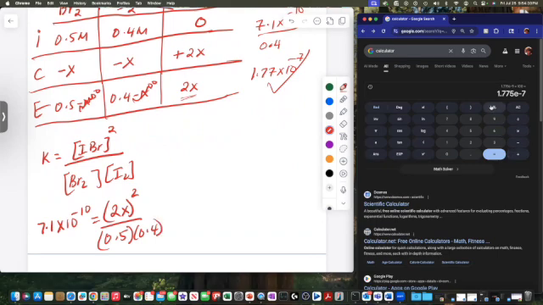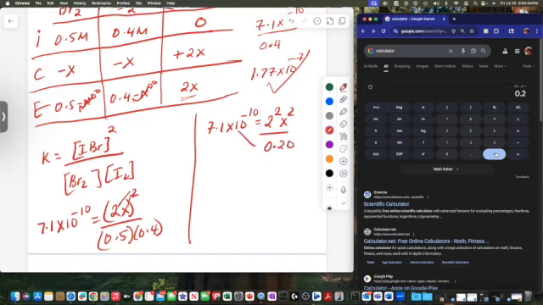So let's multiply 0.5 by 0.4. 0.5 by 0.4 equals 0.20. So essentially we have here 7.1 times 10 power negative 10 equals, distribute this part here, 2 squared x squared over 0.20. Cross multiply, right? Because this is going to be 1 down here.